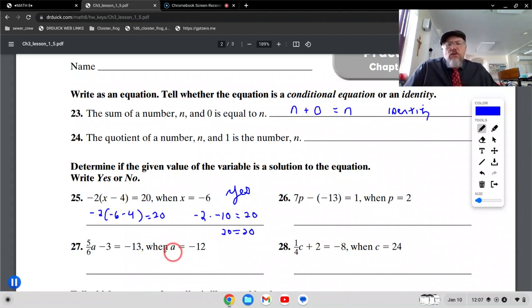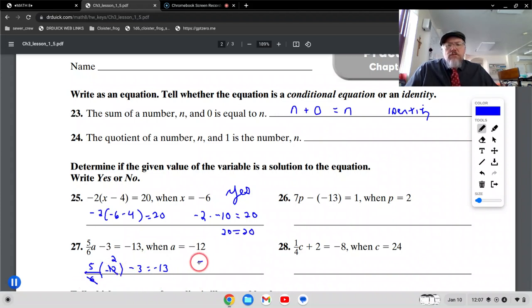Let's try this one. A equals minus 12, right? So I put 5 over 6 times minus 12 minus 3 equals minus 13. Looking at this, you can get rid of this 6 very easily by changing that to a 2, right? Just divide this out.